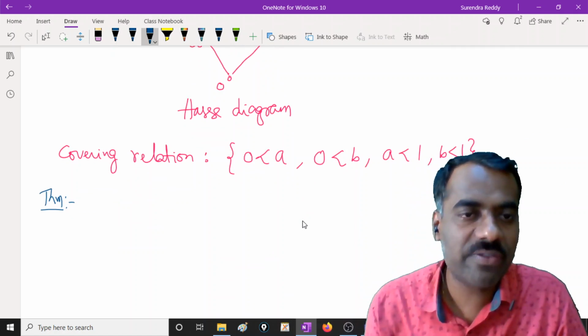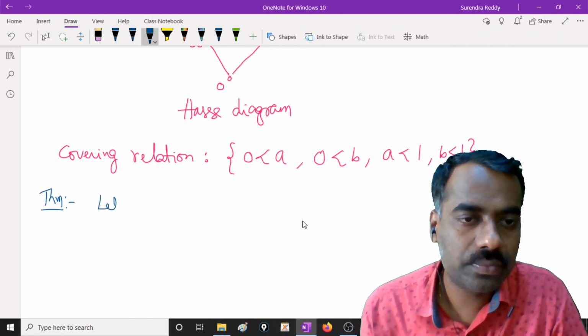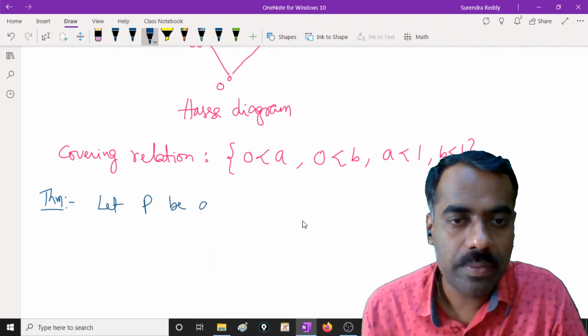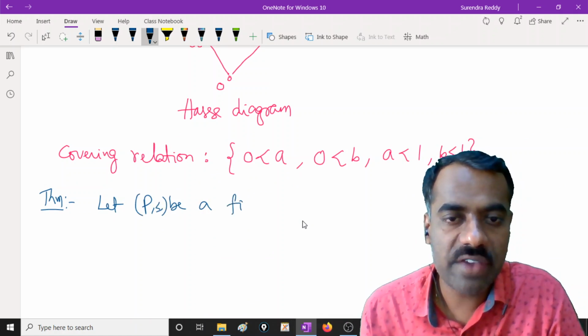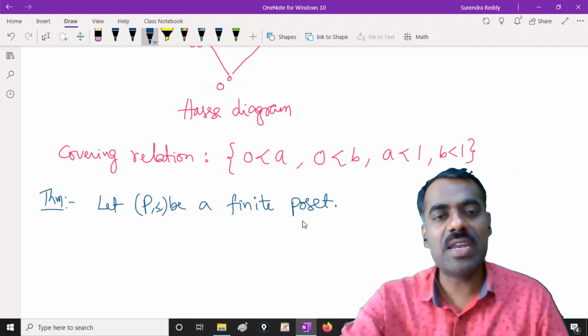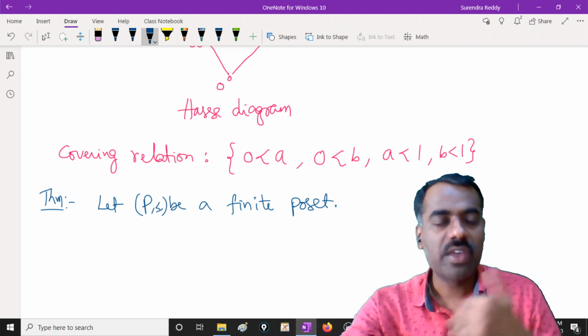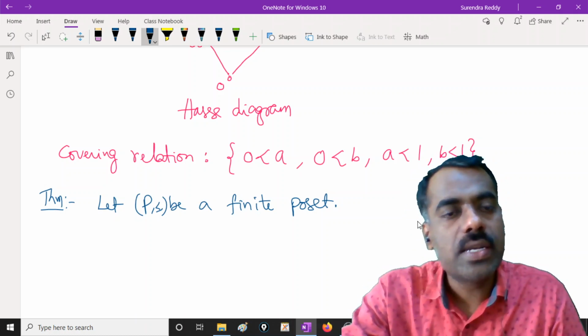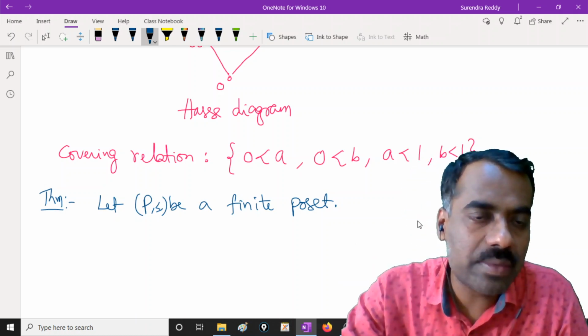That is possible for a finite poset. So let P be a finite poset. For a finite poset, from the covering relation you can actually recover the relation between elements.